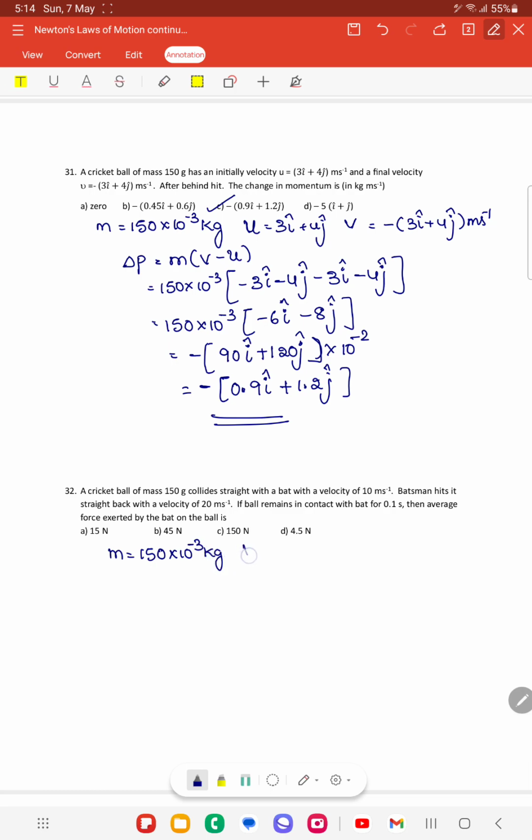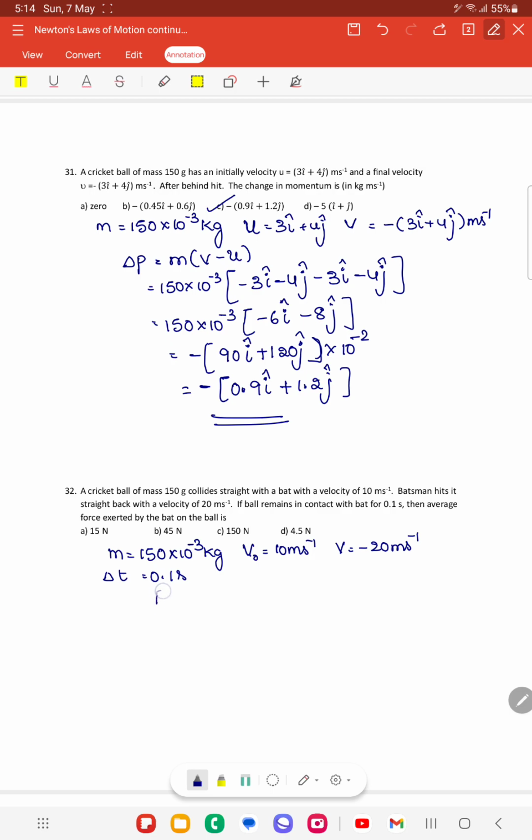Initial velocity v naught is 10 meter per second. Its final velocity is minus 20 meter per second in the opposite direction, and the time of impact is 0.1 second.